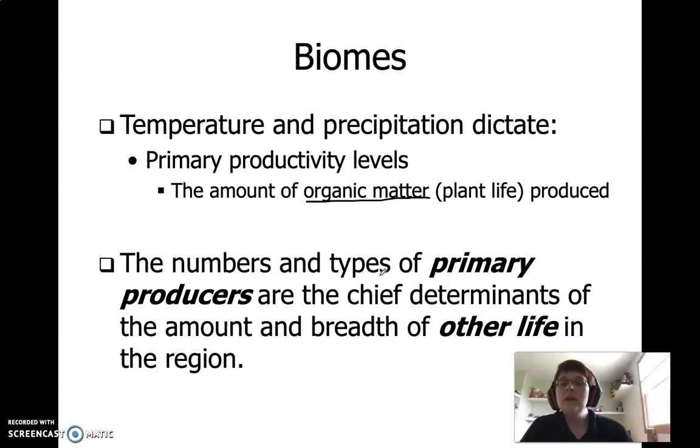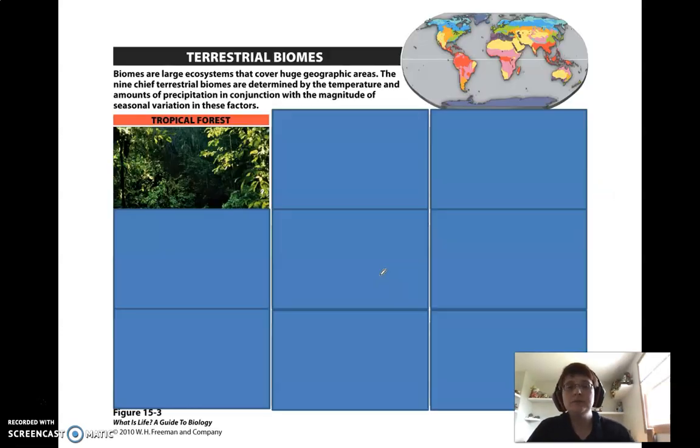If you're very limited on the amount of plants that you have as far as variety and as far as number, you're probably not going to have as many organisms in that area in the other groups of animals, fungi, and so forth. So these patterns of temperature and precipitation are really important for the biomes.